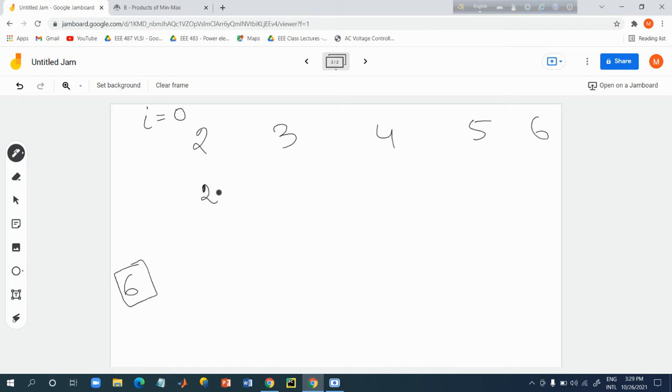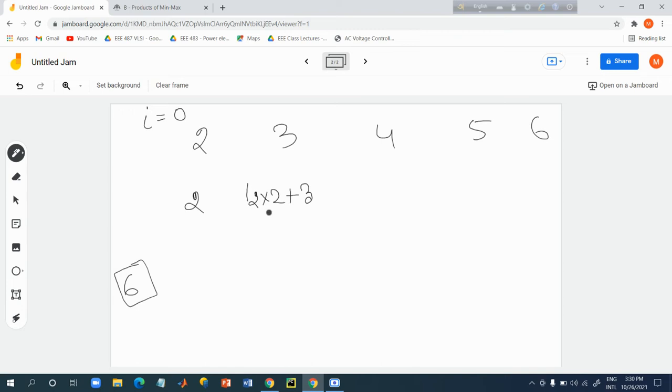Now when we are moving forward, we will multiply the previous option by 2, right? First element we will write as it is. When we move to the next element, we will multiply the previous thing by 2. So we will get 2 multiplied by 2 and we will add this.